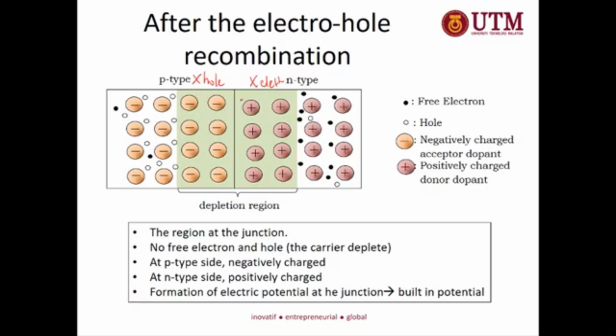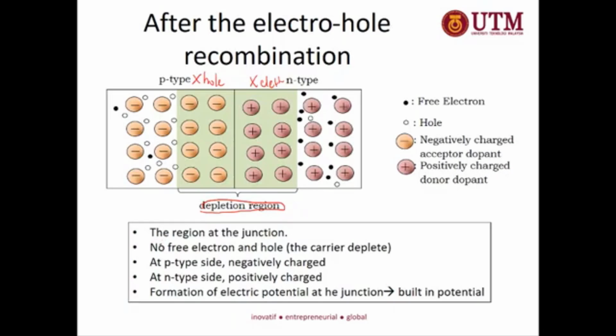What is left is only the ions: negatively charged ions at the p-type and positively charged ions at the n-type. This region near the junction where there is no electron and no hole, we call the depletion region.